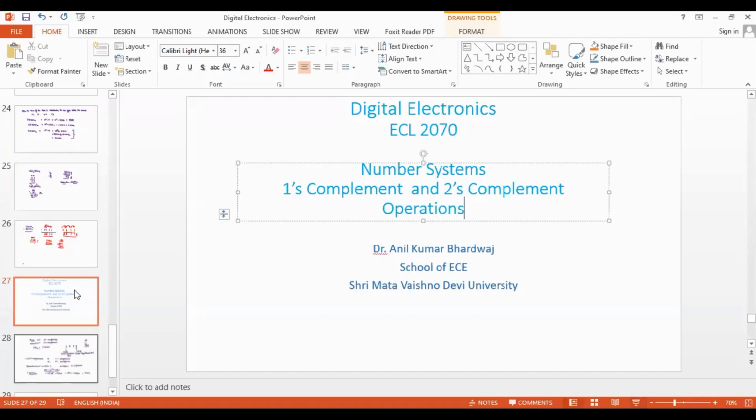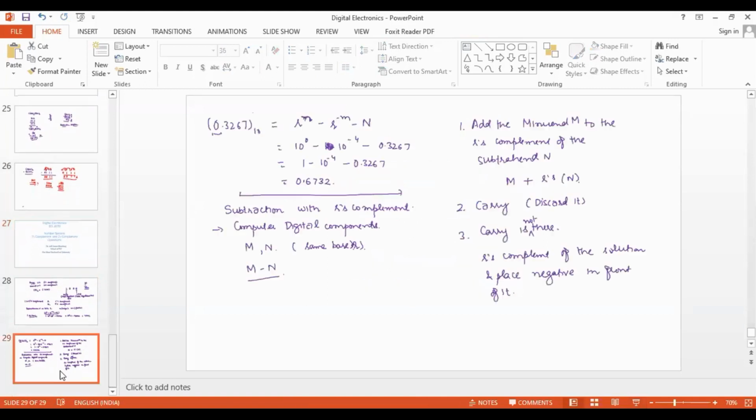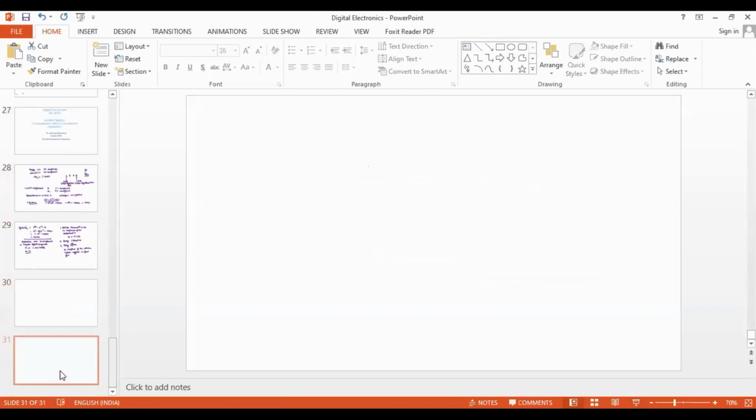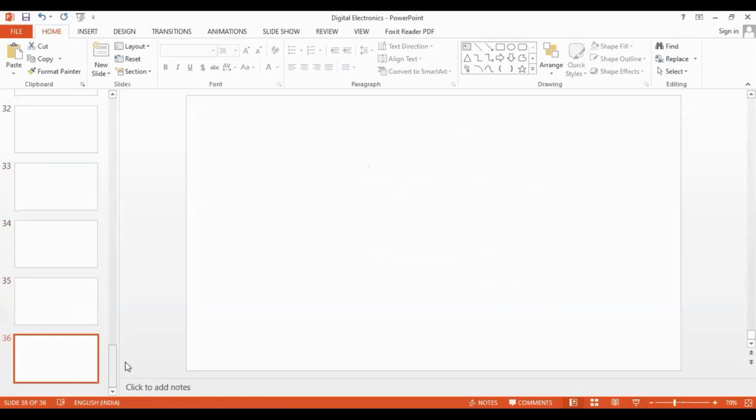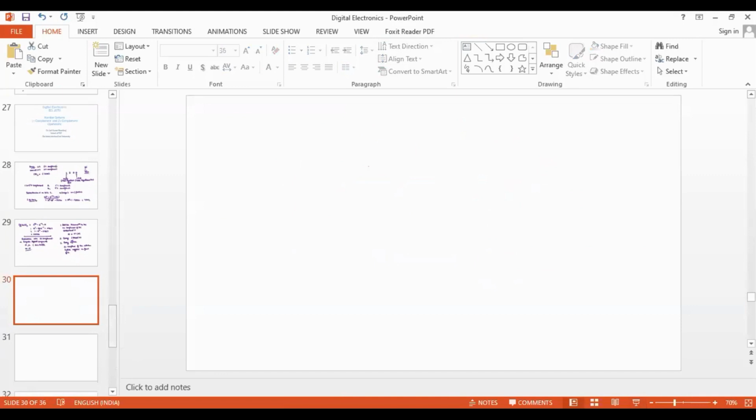First I will be doing some operations with the help of your normal tens format.